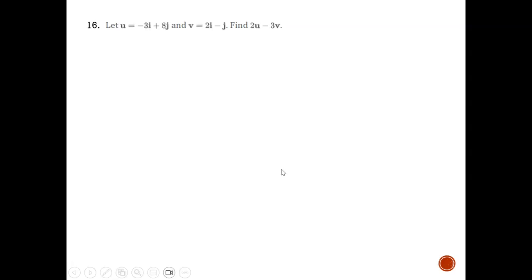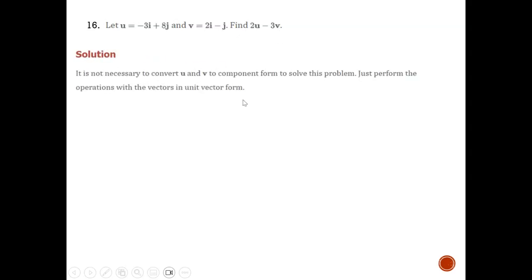Now 16. We're doing the same thing as before, operations on vectors, but we're using i and j. They give us vector u is equal to negative 3i plus 8j, and vector v is equal to 2i minus j. Find 2u minus 3v. Now guys, this is the way the book does it. They do it horizontally, because vector u is negative 3i plus 8j.